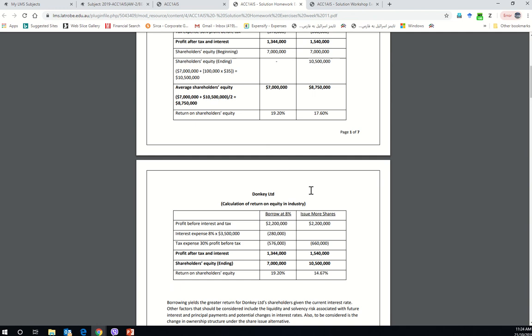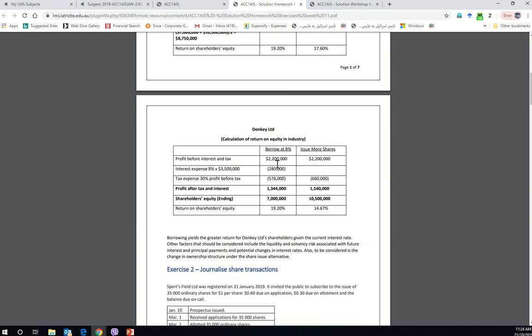So you're comparing apple with apple. If you are using the industry way, again, be consistent with your comparison and compare apple with apple. So calculate the return on equity for both the alternative A, which is borrowing at 8%, or issue of shares.